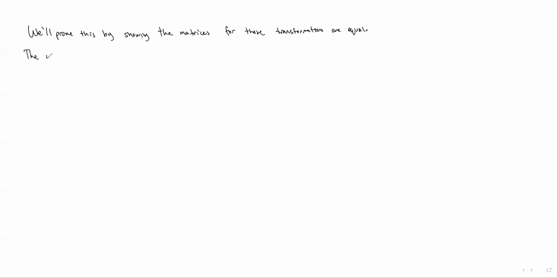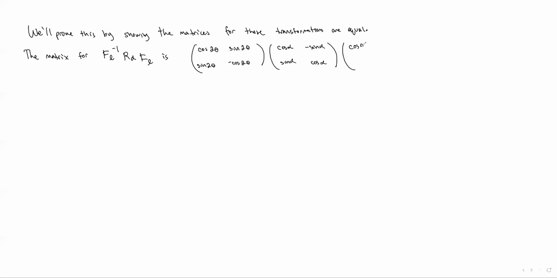So the matrix for FL inverse R alpha FL is cos 2 theta, sine 2 theta, sine 2 theta, negative cos 2 theta, and then R alpha will have this matrix: cos alpha, negative sine alpha, sine alpha, cos alpha, and then again a matrix for FL.